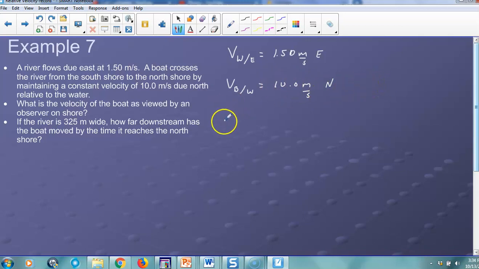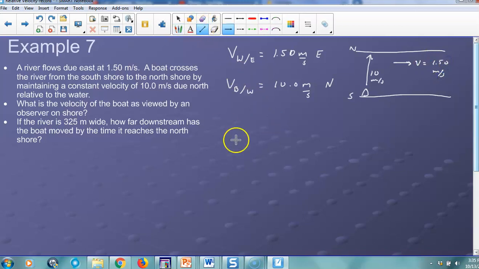Okay, we have a river, so let's think about our river here. We've got river banks, we've got north, we've got south, we've got our boat on the river that's going to go across the river at 10 meters per second. And we've got velocity of the water, much smaller than that. Velocity equal to 1.50 meters per second.